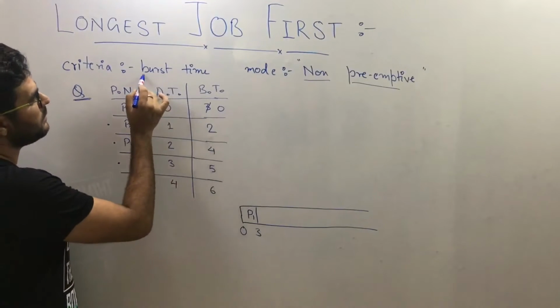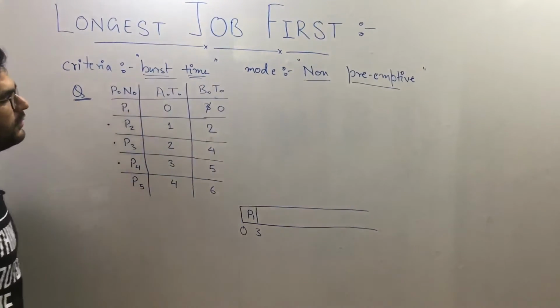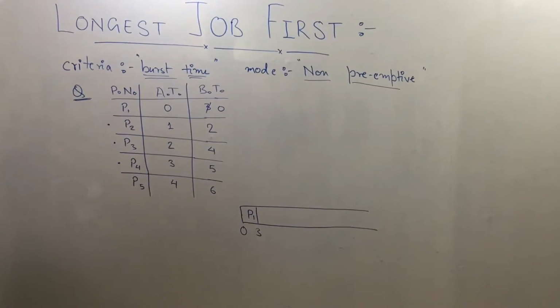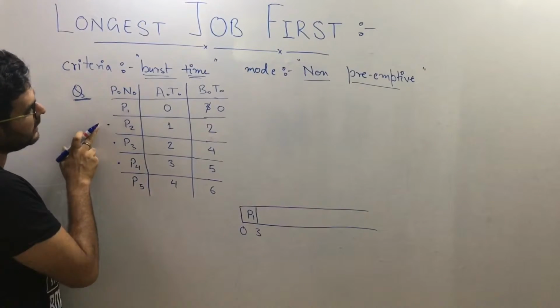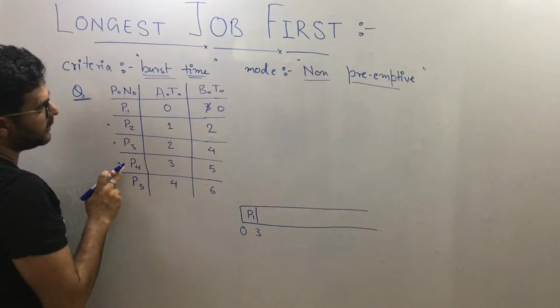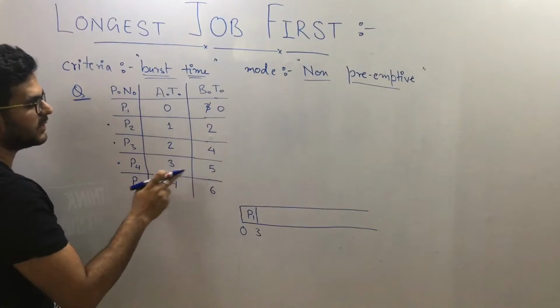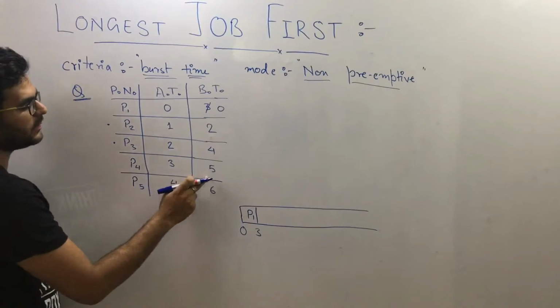We need to consider the burst time, and in the case of longest job first, you need to consider the maximum burst time. So see, P2 has a burst of 2 units, P3 has a burst time of 4 units, and P4 has the maximum burst, that is nothing but 5 units. So you can schedule P4 for its entire life.